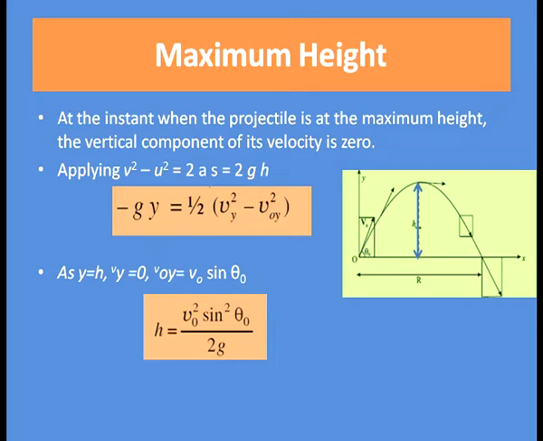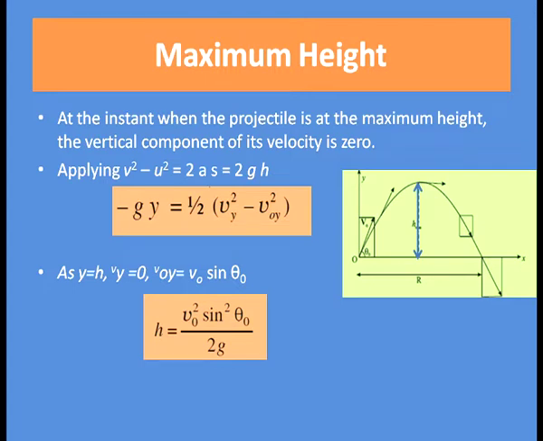Now, let us calculate the maximum height. Applying the equation of motion v square minus u square equal to 2as, here the distance covered is the height covered. That is why we will use s equal to h, that is the maximum height. Here a equal to minus g, acceleration due to gravity. So, now the equation becomes minus 2g y equal to v y square minus v o y square.